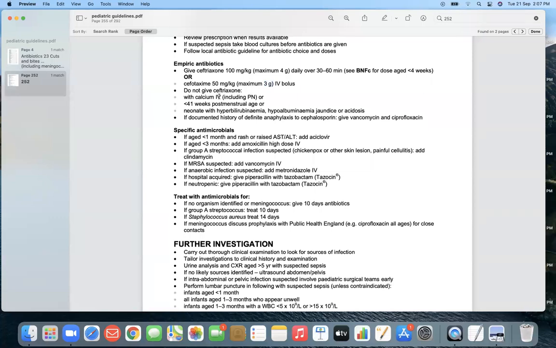So we should know only the contraindications, maybe 1 or 2, no need for details. Mainly, that's why usually, as I have seen, in neonates, cefotaxime they are giving because of all these problems, right? He's telling don't use in neonate with hyperbilirubinemia, hypoalbuminemia, and acidosis. In our hospital, usually in neonates, they are using cefotaxime only.